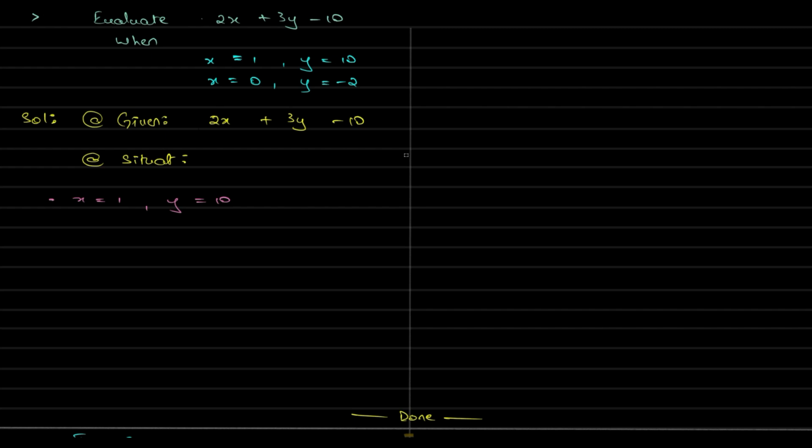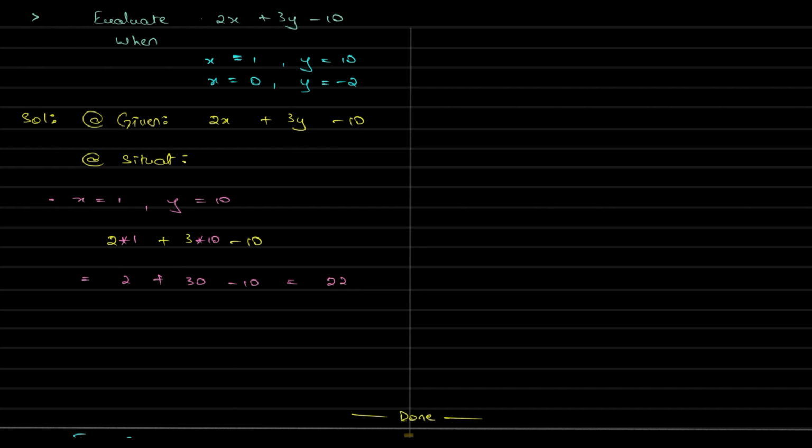Whatever the x value is, I need to substitute, and whatever the y value is, I need to substitute. So here we have 2 into 1, 3 into 10. In place of x, I'm substituting 1. In place of y, I'm substituting 10. We have 2 plus 30 minus 10, which is nothing but 22.